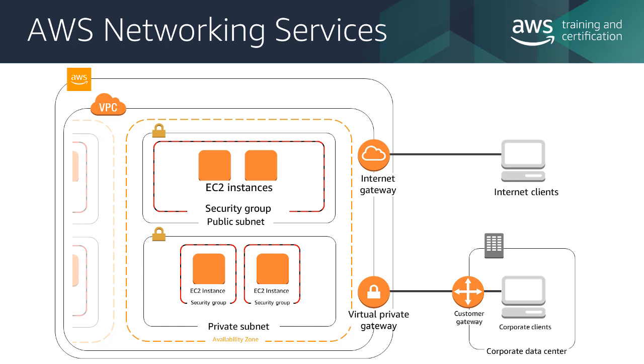What makes a subnet public is not the label. You can call a subnet anything you want. You can call it man-bear-pig. It doesn't change the performance of the subnet. It's only, is there a route table with an IGW, and is that IGW associated with the subnet? That's what makes a subnet public.